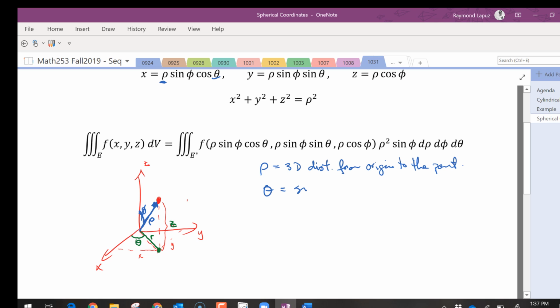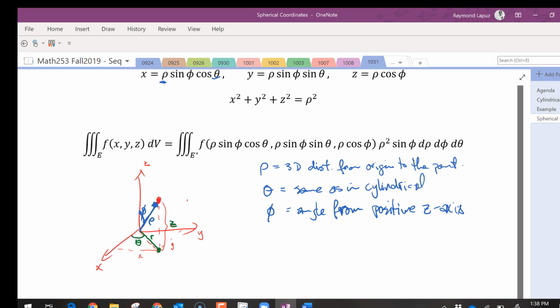Theta is the same as in polar or cylindrical. And phi is the angle from the positive z-axis. Okay, so that's what phi is measuring.